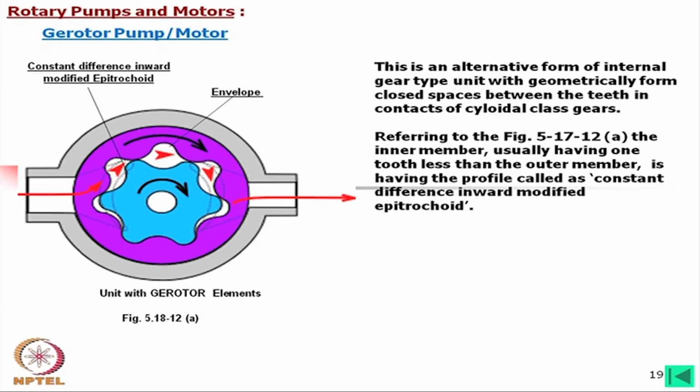The cycloidal profile is generated when a roller rotates on another roller; then a point on the periphery of the rolling body will generate a cycloid. If we take a point outside this body, then this will be an epitrochoid.